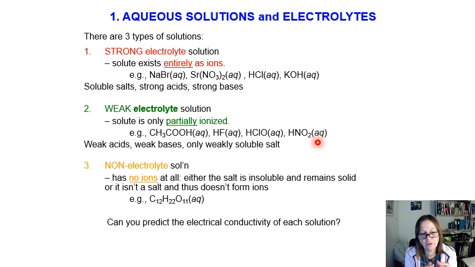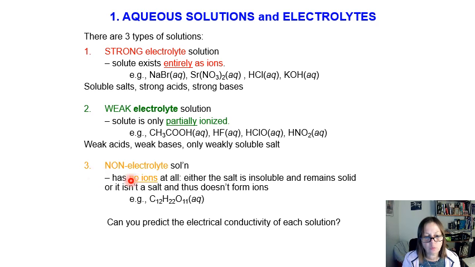It means that most of it will remain as a neutral molecule, and a little bit will dissociate into an anion and a cation. This will also include those salts that are only weakly soluble, in which you will have some of it dissolving in water and dissociated, and a lot of it remaining as a solid at the bottom of your Erlenmeyer.